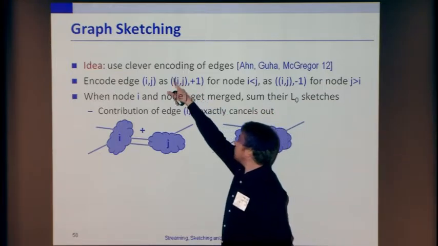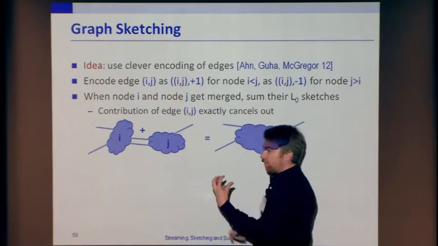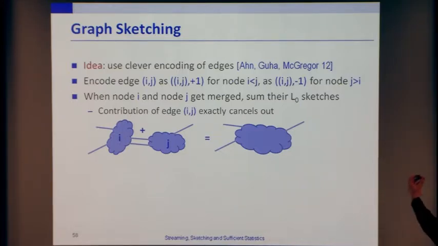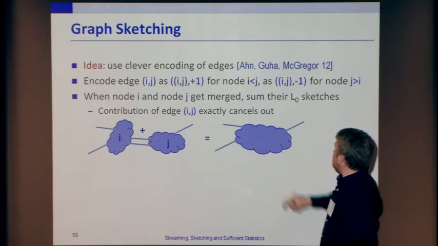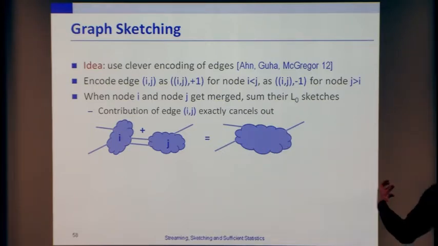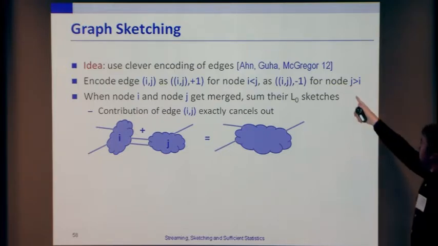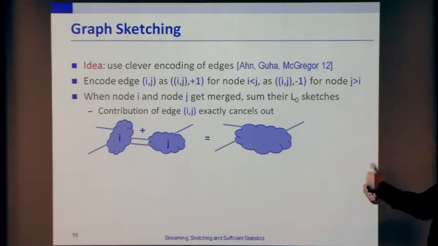Think of the single unit ij representing the edge being associated with node i. We're also going to encode that edge negatively for the partner node j, which is greater in the ordering.